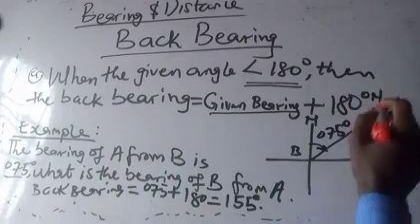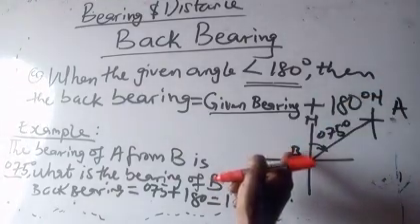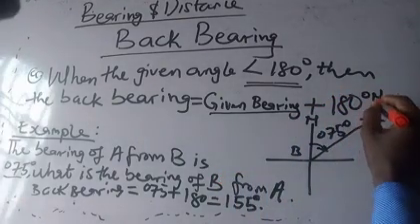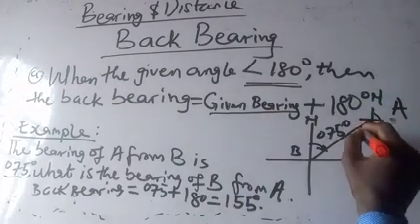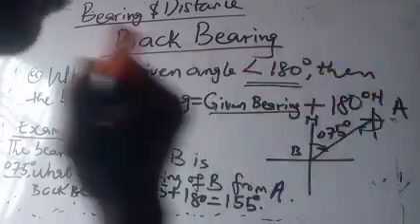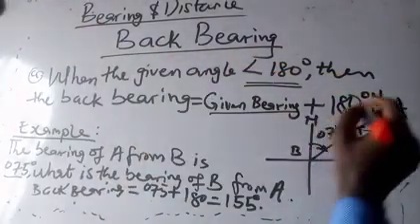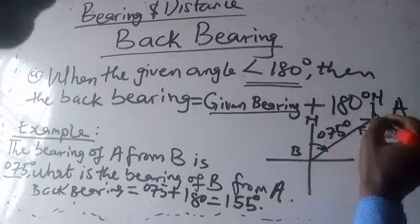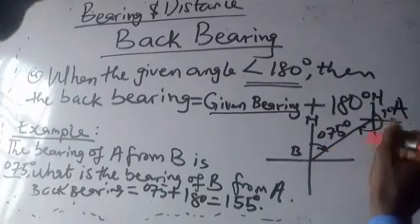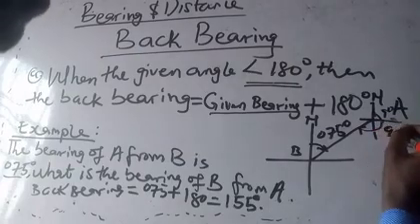So we want to read the bearing of B from A. And where do we start? From the north, until our reading touches this place. Don't forget, from here to here is 90 degrees.